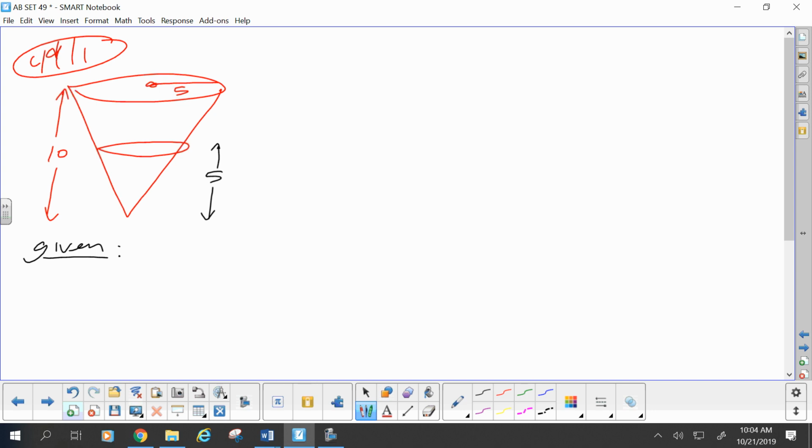What did you put for the givens? dV dt, I agree. It's dripping out, so dV dt is negative 1 cubic centimeter per second. What do they want, and when?